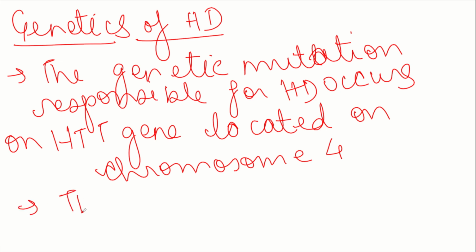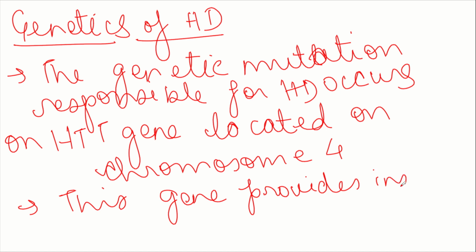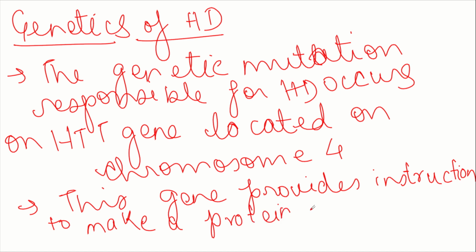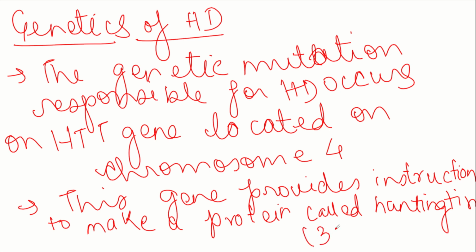This gene provides instruction to make a protein called Huntingtin, okay, which is of 350 kilodaltons.